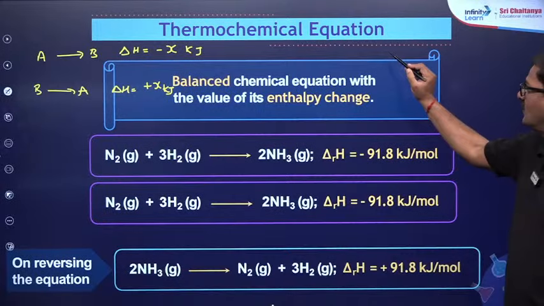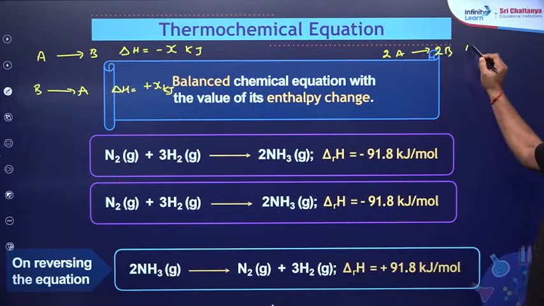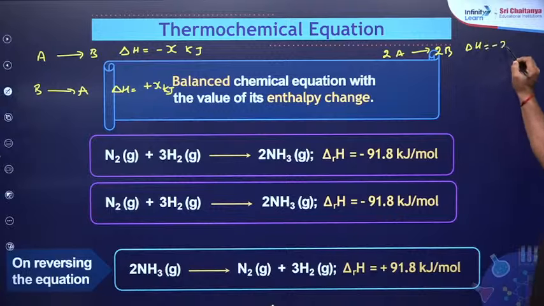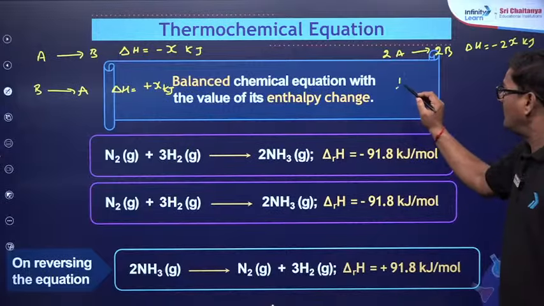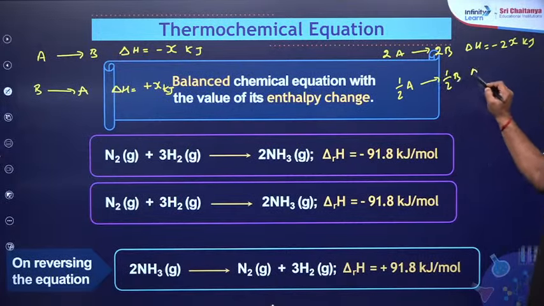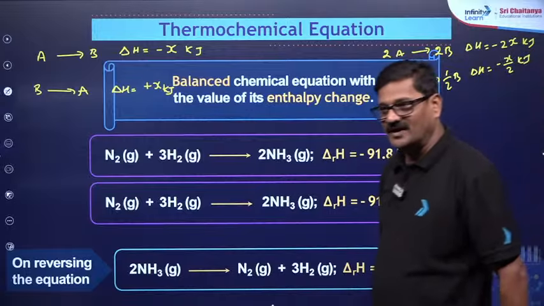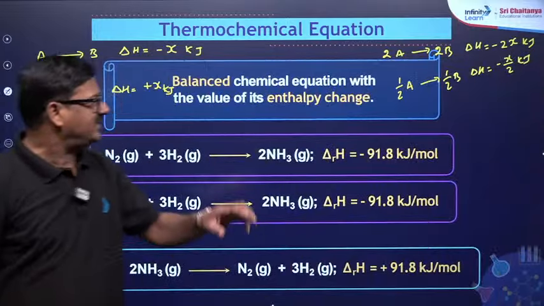And also, if you write 2A gives 2B, delta H is going to be minus 2X kilojoules. If half A gives rise to half B, delta H is going to be minus X by 2 kilojoules, right?